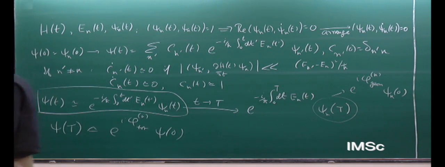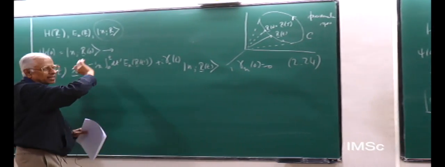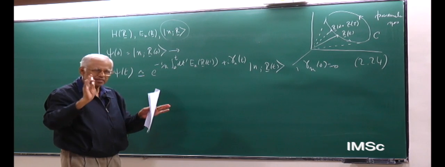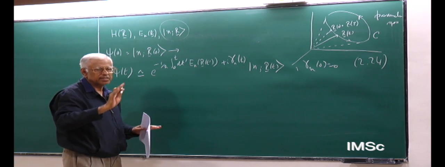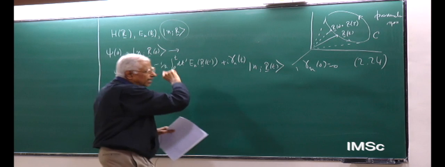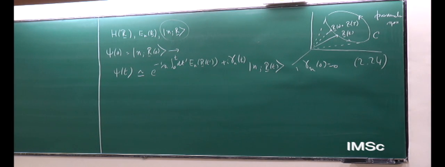So now, I want to emphasize again. These are assumed to be globally well defined in parameter space. Of course, you're working in some region in parameter space. All references are to that region. That assumption is different in spirit from this one. That I just want to emphasize.